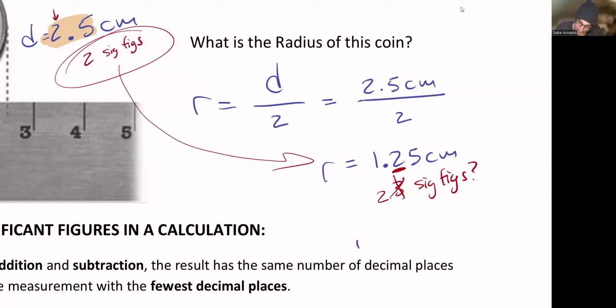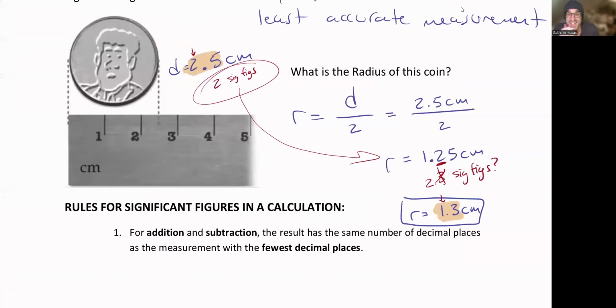So the radius of this is equal to 1.3 centimeters. 1.3 centimeters is the correct measurement here because if I start with 2 sig figs, I must end with 2 sig figs, which I have. Okay, so that is taking a look at the first part of significant figures in a calculation.